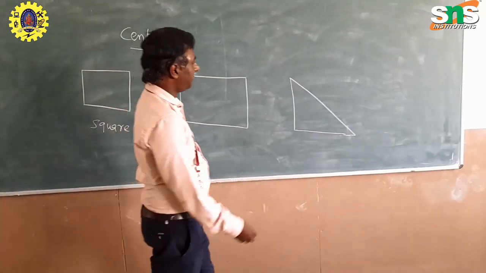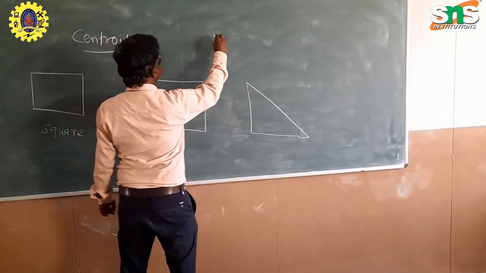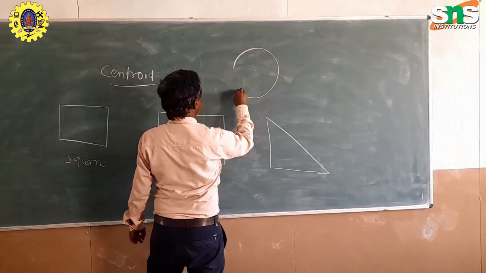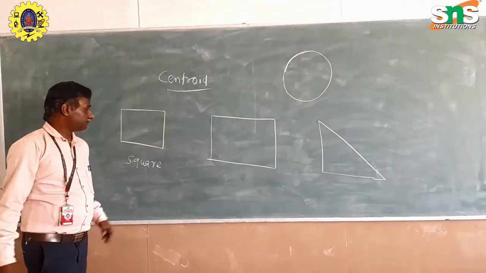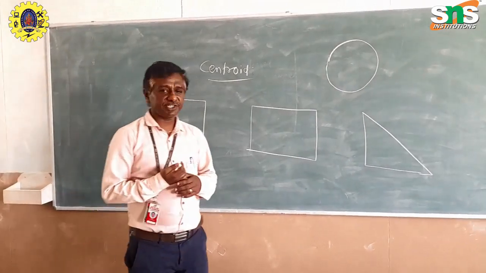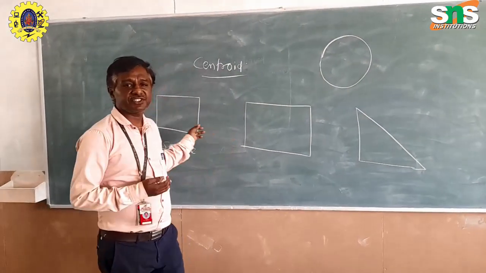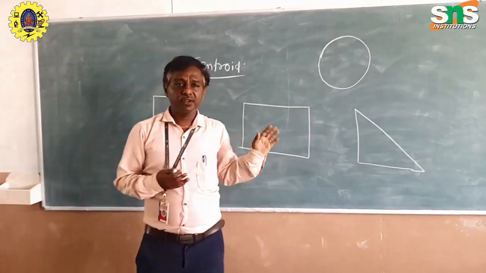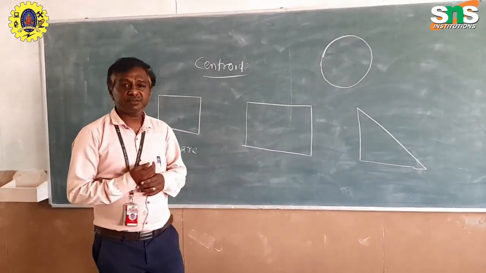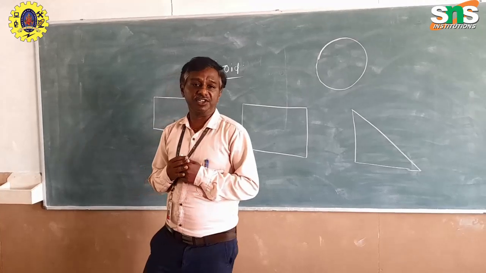And finally let's have a circle. Now let's have four different geometries, and in which point the total area of the geometry is being focused or concentrated.